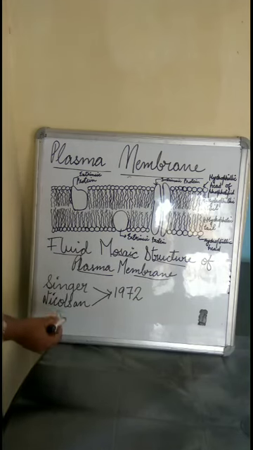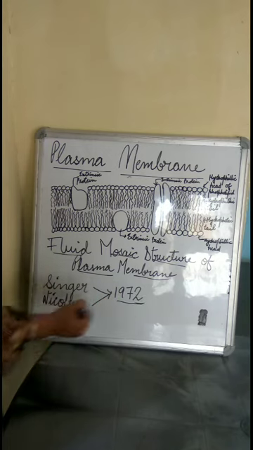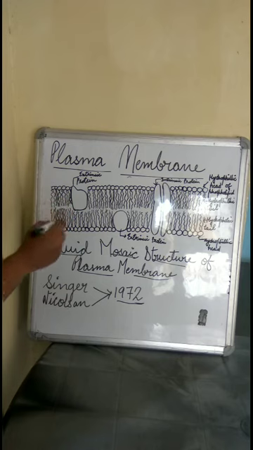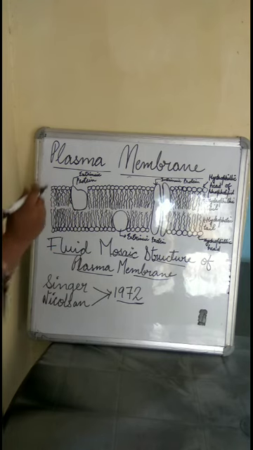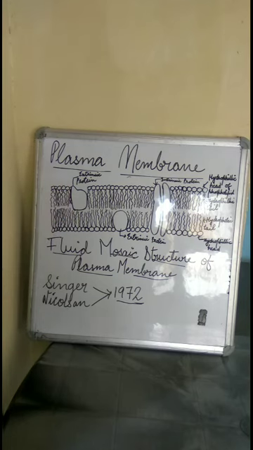It was given by Singer and Nicholson in the year 1972. This is the model for the ultrastructure of the plasma membrane, showing its components and structure.